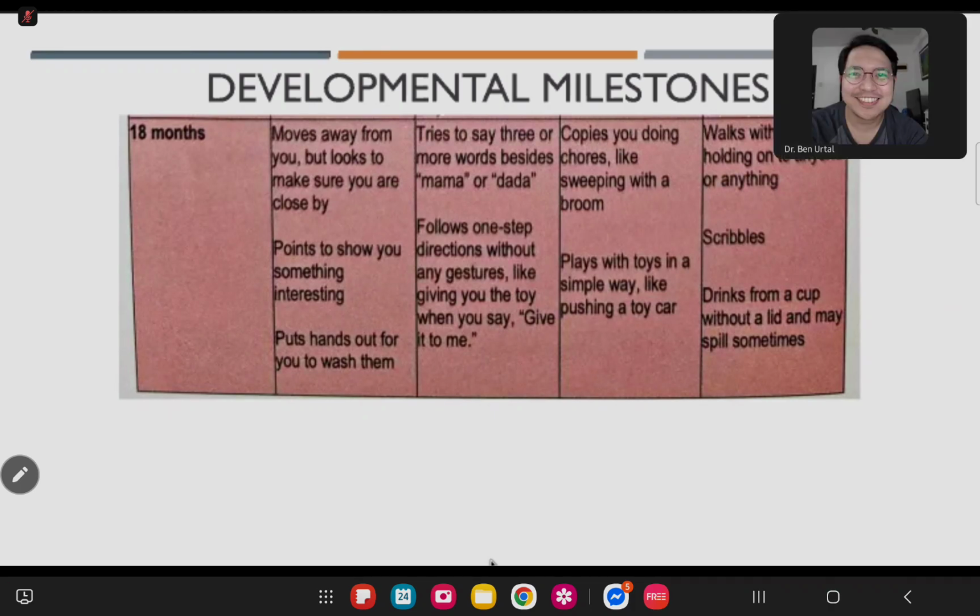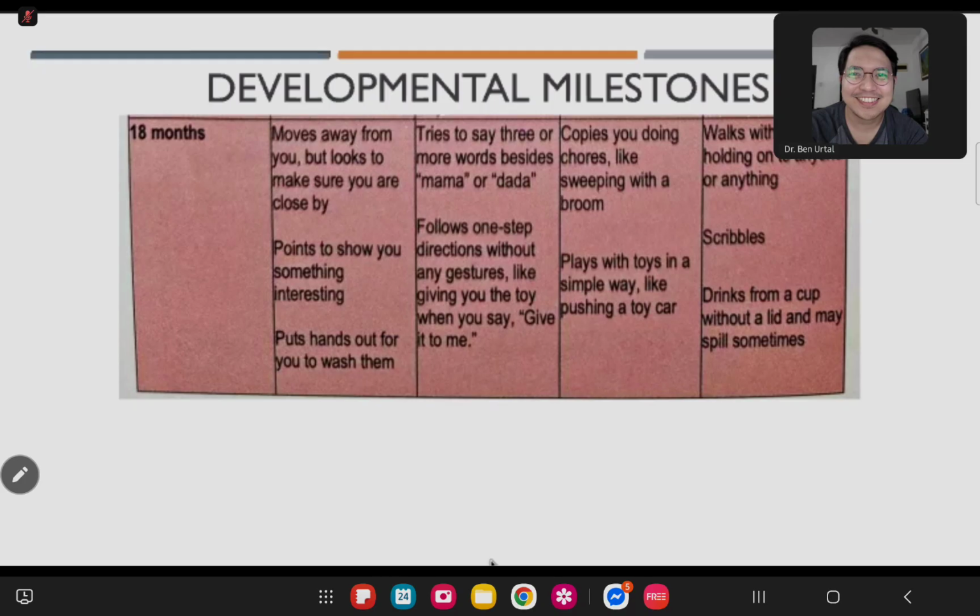So at 18 months, your patient or the toddler at this stage should be able to say at least 10 words already. Okay. So mama, dada, ball, dog, cat, words like that. It can be simple words, but they have to have at least 10 words already at 18 months. If the baby or the patient has less than 10 words, that's already a red flag.